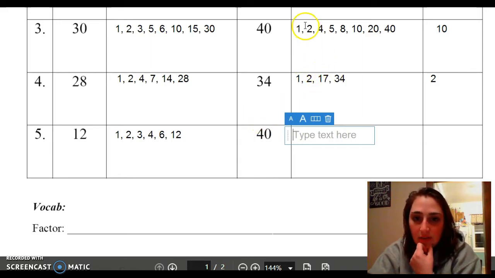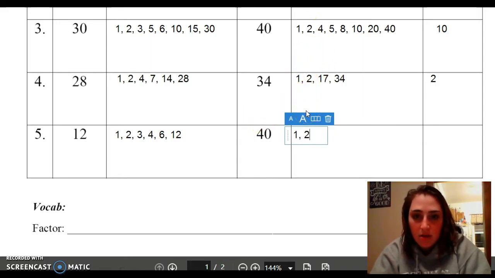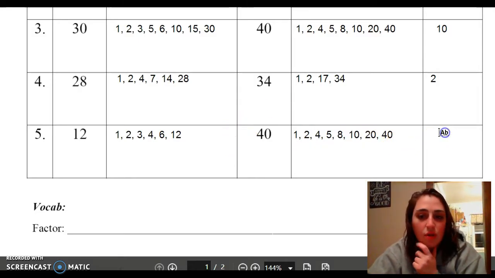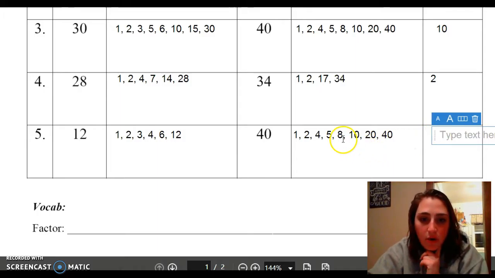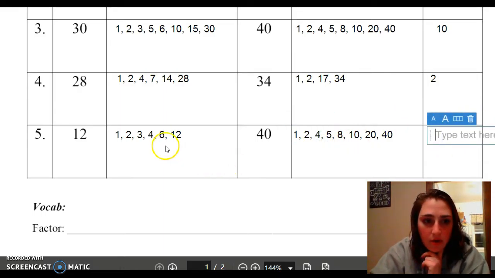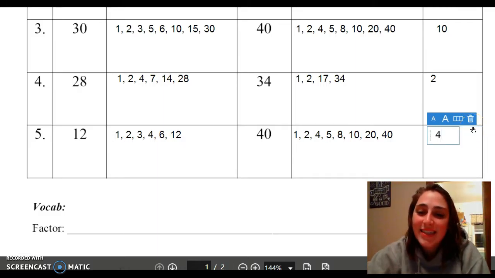But 40 is already written up here, so I'm just going to copy that down here. You want the largest number they both have in common, the greatest common factor. So your largest common factor here is going to be 4. Oh, wait, no. Yeah, it's 4. I thought I made a mistake. No. So your greatest common factor here is 4.